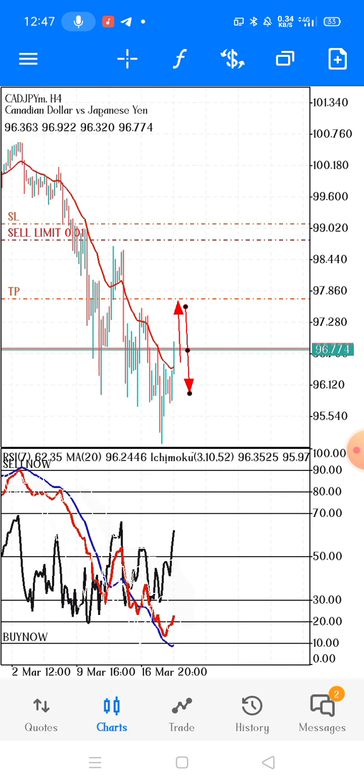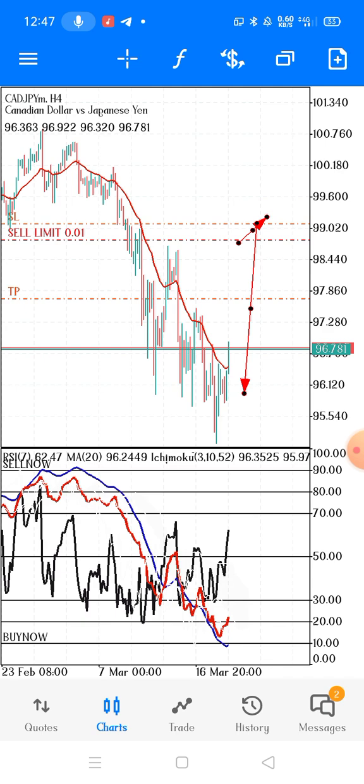We want it to hit from here to here. When it hits this place, then it sells to this place.